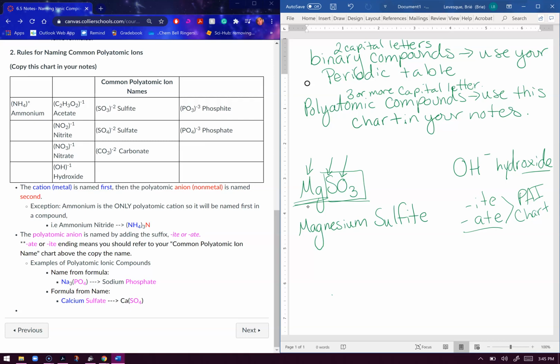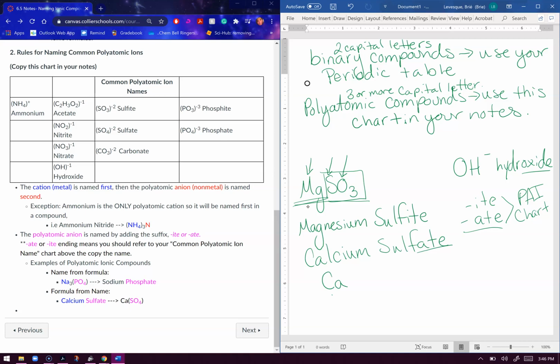If we go from the name to the formula, let's try and find the formula based on the name. If we look at calcium sulfate, calcium is Ca. Sulfate, ATE ending, means it must be on the polyatomic ion chart.